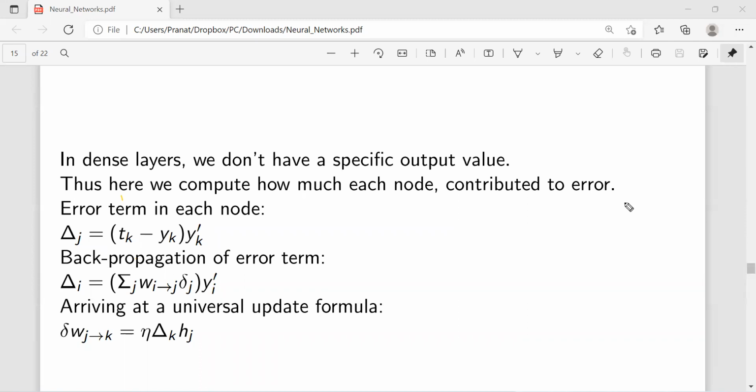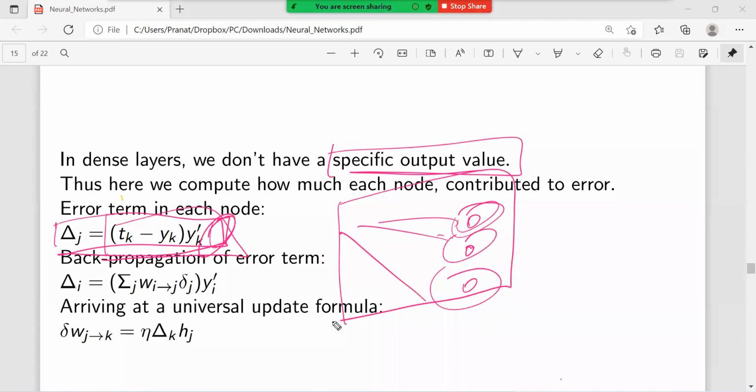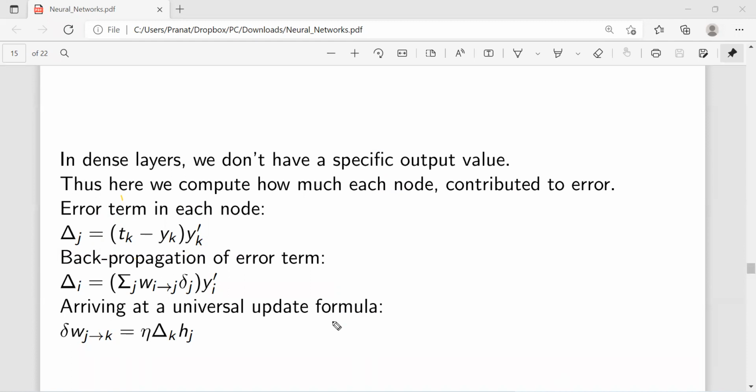They are helping to get the desired output. So we calculate the error term in each node. We forget our feature because they don't have features, of course. We just calculate the error term, this term right here, and then we back propagate it to the weights, and we get adjusted weights.